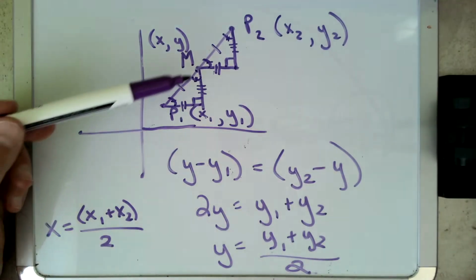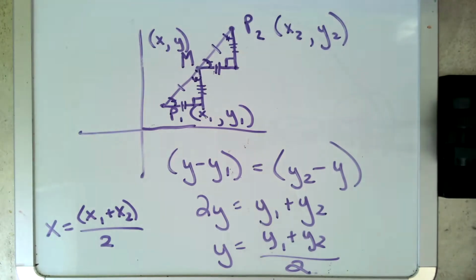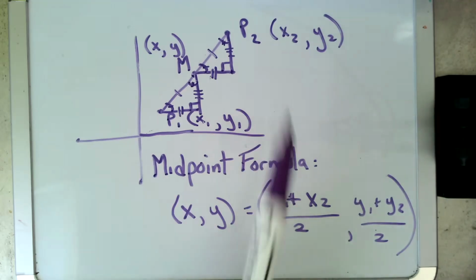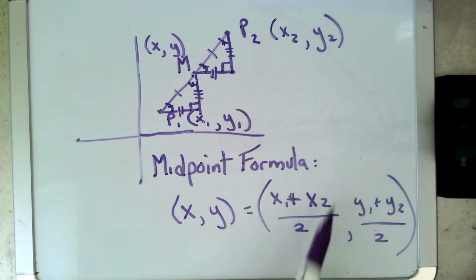Exact same stuff, only we're doing it with our vertical side. And so that right there is my midpoint formula: x comma y, my midpoint, is found by averaging the x coordinates of my 2 points, comma, averaging the y coordinates of my 2 points.